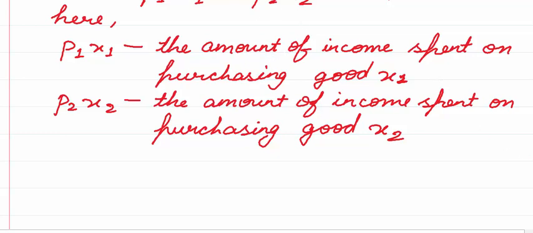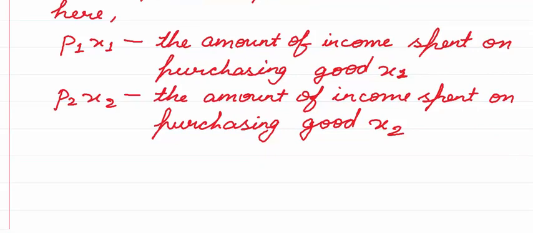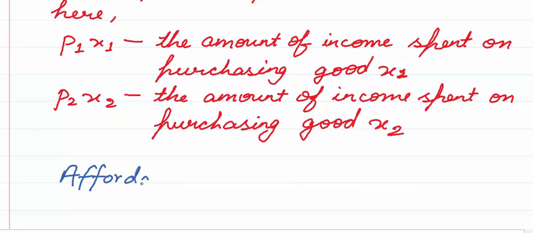So this combination of goods x1 and x2 will be called the affordable consumption bundle. So what do we mean by affordable consumption bundle?